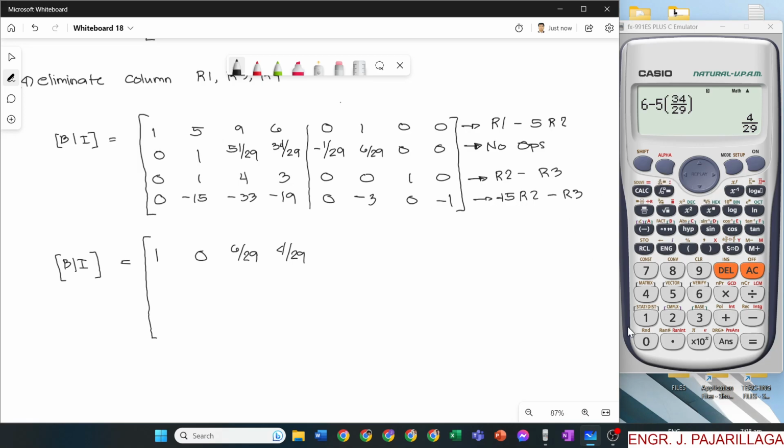And then we have 0 minus 5 multiplied by negative 1 over 29. 5 over 29.